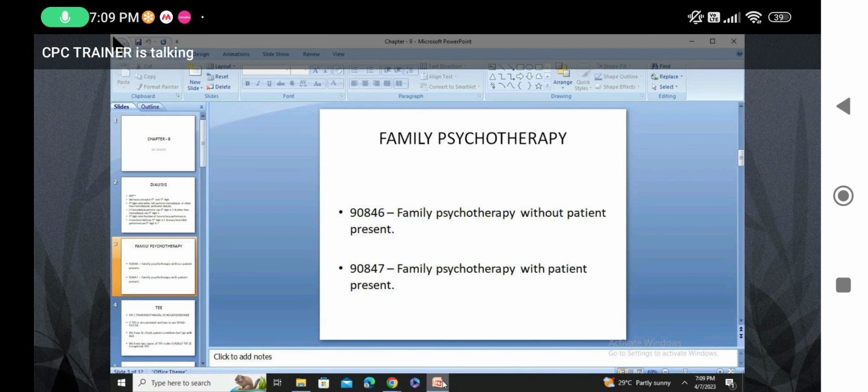in the US, I hope you guys know, nowadays whenever you go for coding per day, for example, if we receive 100 charts and you code them, in those 100 charts, maximum 80 percent of charts have a psychiatric condition, right?